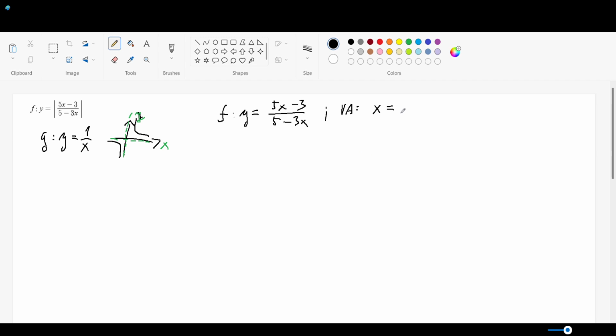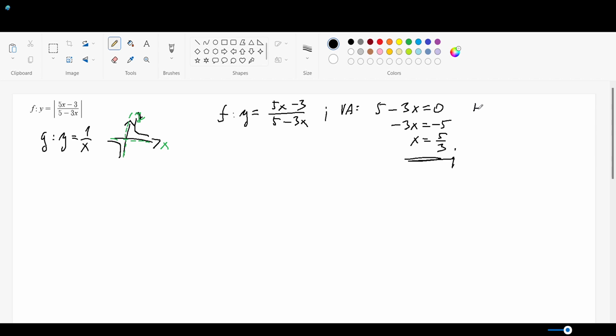So we have to solve the equation 5 take away 3x equals 0, which means negative 3x equals negative 5, so x must be equal to 5 over 3. So this is our first asymptote.